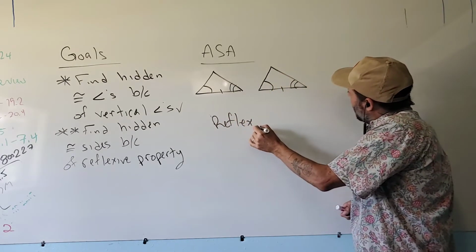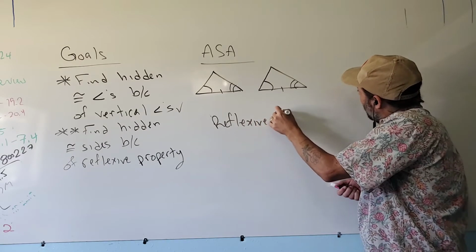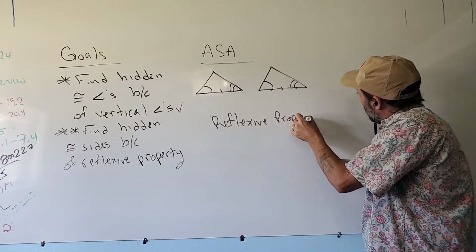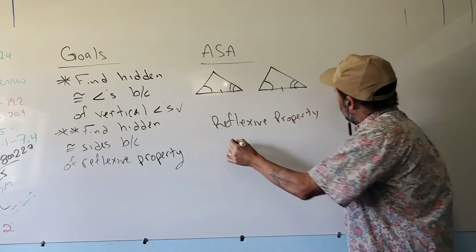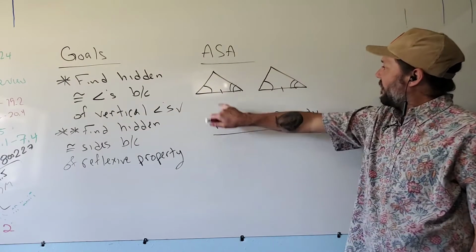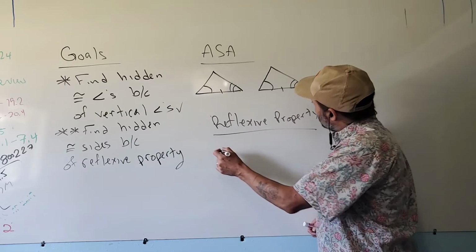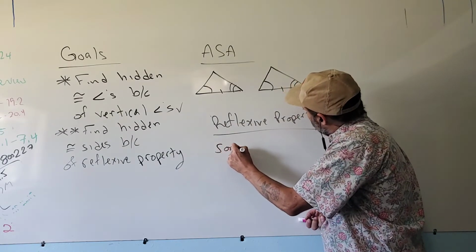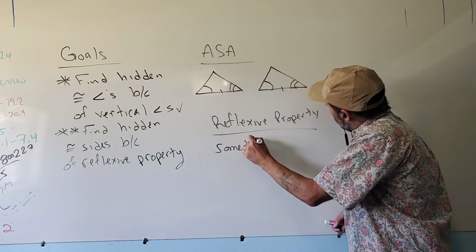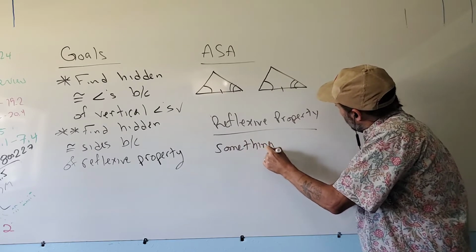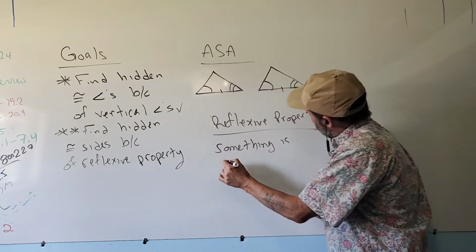And again, this is a way that I hide congruent sides. So the reflexive property, the idea is something is the same as itself.